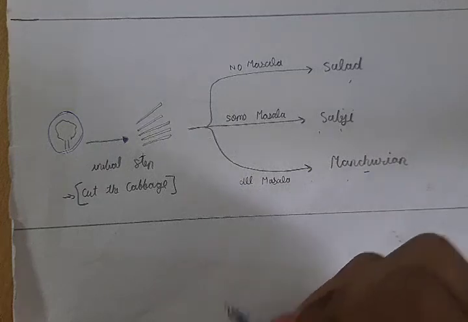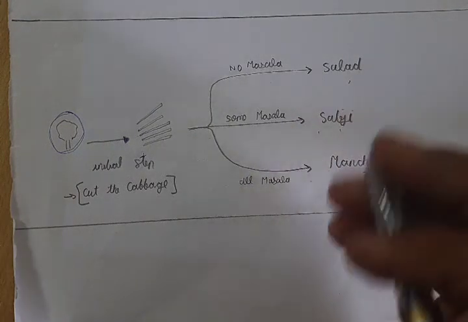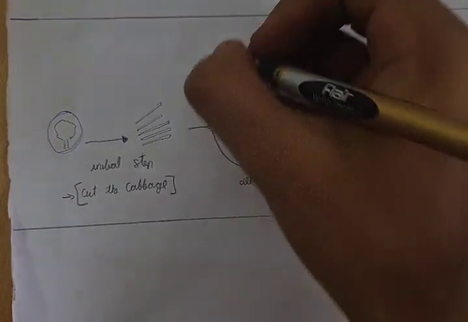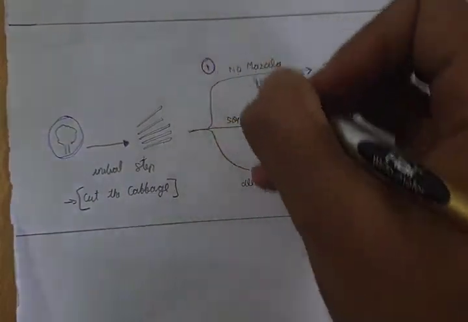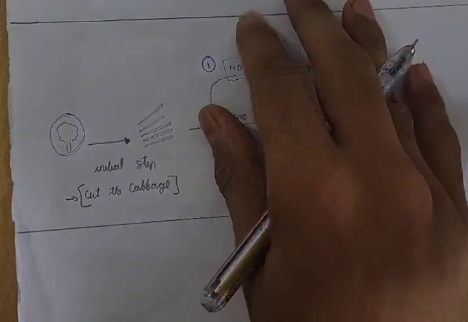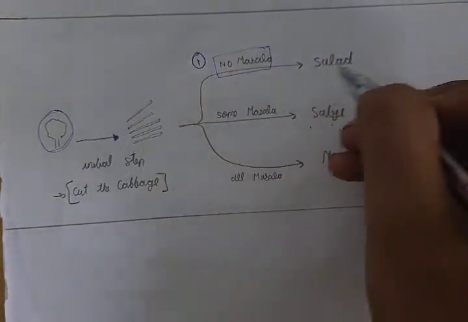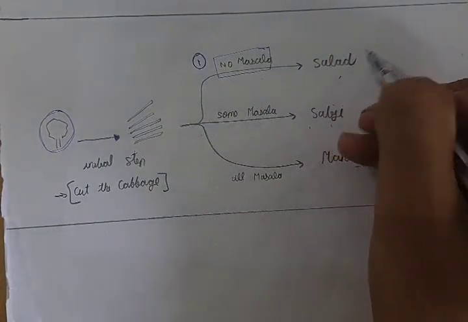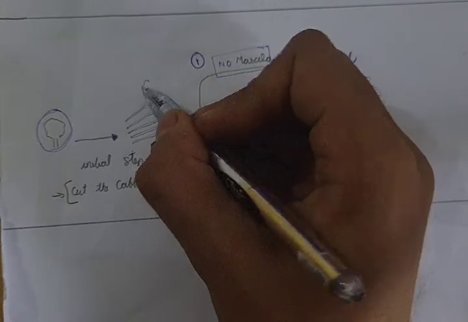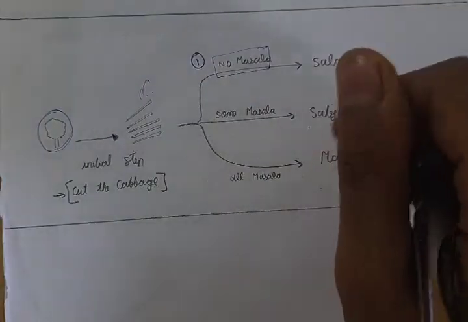Now you don't know where the masalas are in the kitchen. So let us take the first condition in which you did not get any masala from your kitchen. You try finding them, but you didn't get anything. So you just made salad, which is nothing, just putting salt on these pieces, because you didn't get any of the masalas.